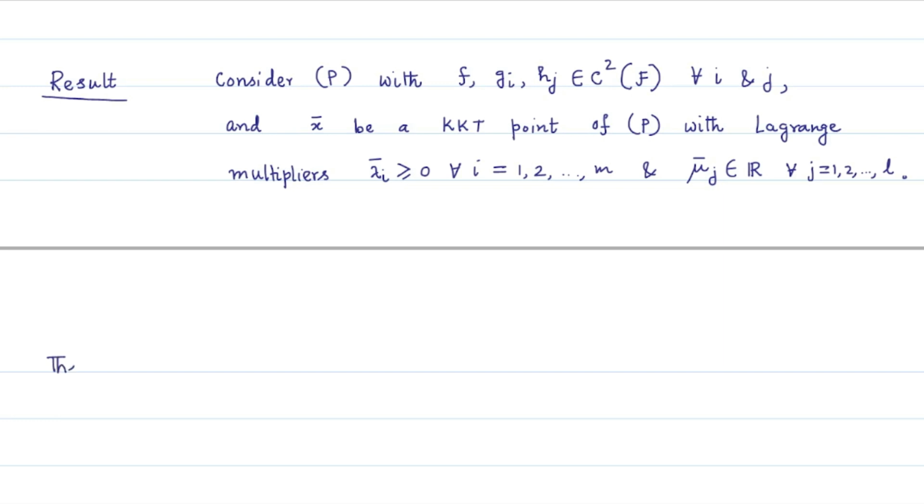Then the second order necessary and sufficient optimality conditions for the constrained problem are as follows.